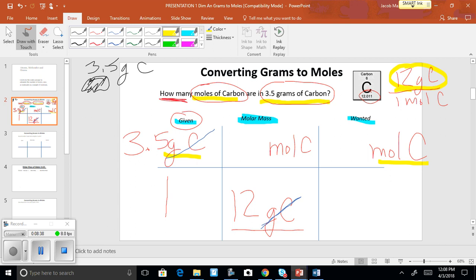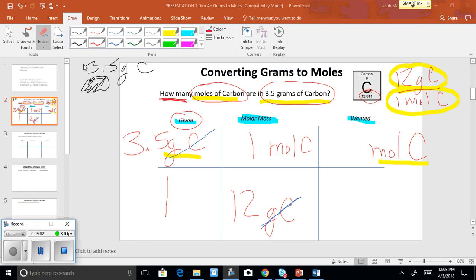And how many moles of carbon? It's per 1 mole of carbon. So up here I put 1 mole. Okay, so you can see here it's still the molar mass of carbon. I still have 12 grams of carbon per 1 mole of carbon. That's still the molar mass of carbon. It's just I flipped the numbers in the units, but that's fine.